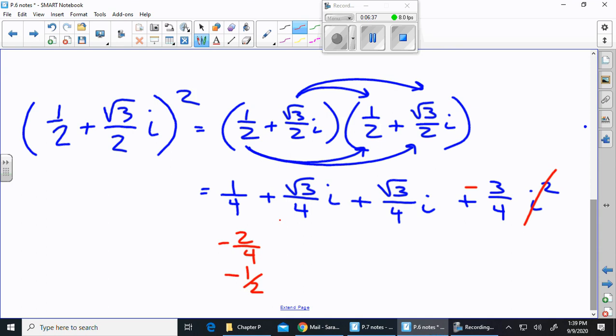And then these are like terms. So a radical 3 over 4 plus a radical 3 over 4, think that you have two of those. So I have 2 radical 3 over 4 i's, which again is a half. 1/2 radical 3 i. That's a little bit harder with fractions, but you should be able to work with those.